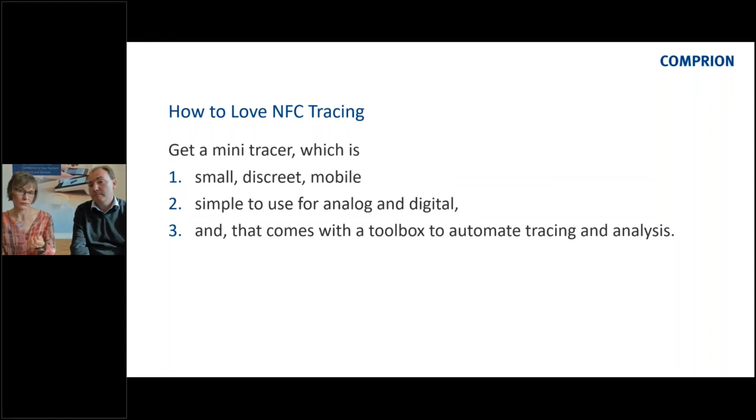You don't need to go into parameter settings endlessly trying what works or doesn't work, because if you have a tracer that has been pre-configured by experience with a broad range of participants and technologies, or typical properties of NFC communication in the market, then you can use it right away, and also use it with analog.